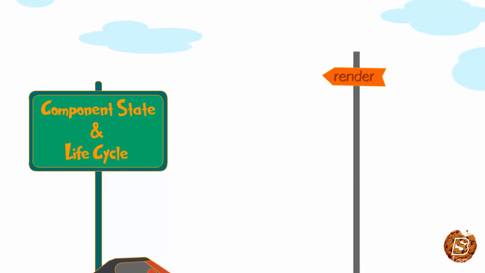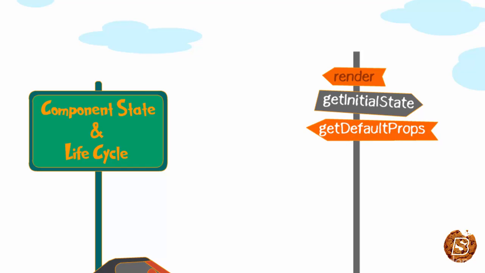Now, next in line is the getInitialState method. Whenever this one is invoked, once before the component is mounted, the return value will be used as the initial value of this.state property. Then we have getDefaultProps.